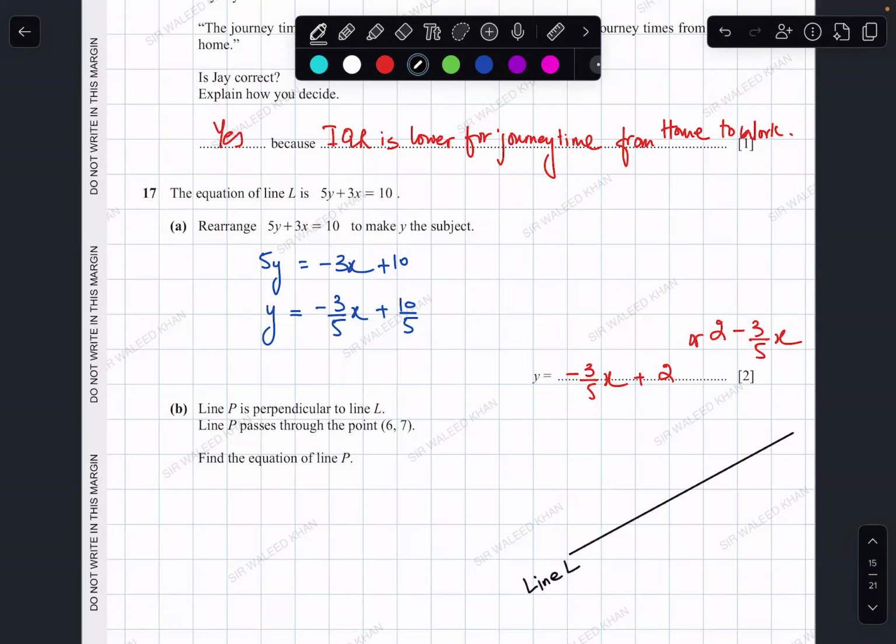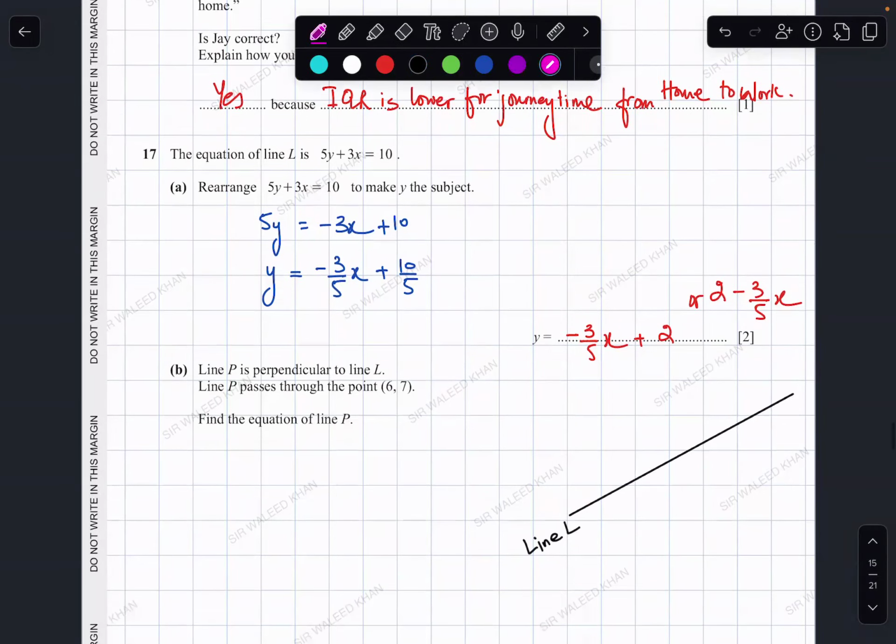Line L. And they are saying line P is perpendicular to line L. And this is line P. Now, it's not saying bisector, perpendicular bisector. It's just saying perpendicular to it. And line P passes through the point 6, 7. So it is also passing through a point 6, 7, which I'm just randomly drawing.